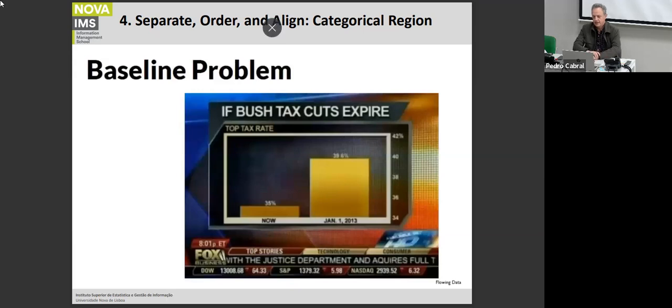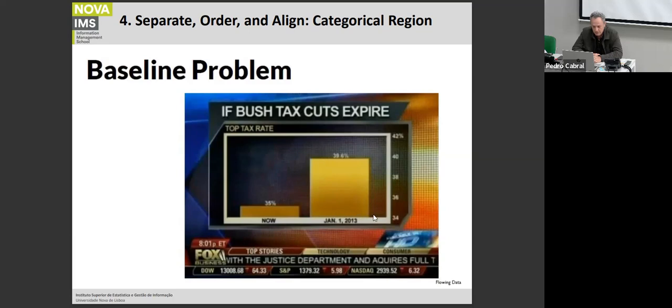Okay, when using bar charts, be very careful when you are reading or creating them. For instance, this example here is a bar chart. It's correctly produced, but you need to be careful when reading the y-axis because it's not starting at 0, okay?